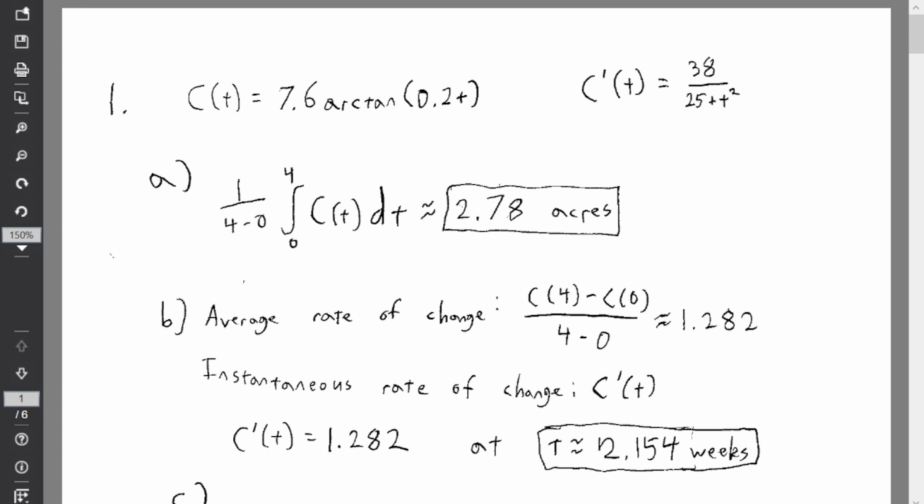So we want to know when the derivative equals that value that we found for average rate of change, the 1.282. So we're going to set C prime equal to 1.282, that average rate of change, and we want to find what value of t that occurs at, which, looking in your graph, is 2.154 weeks.